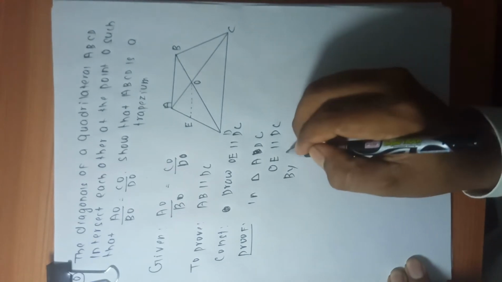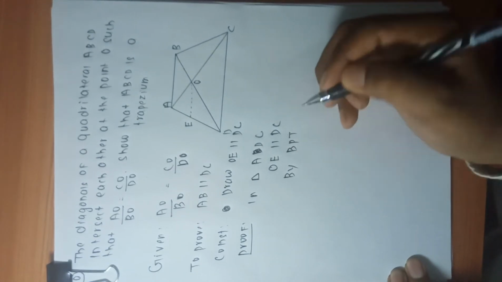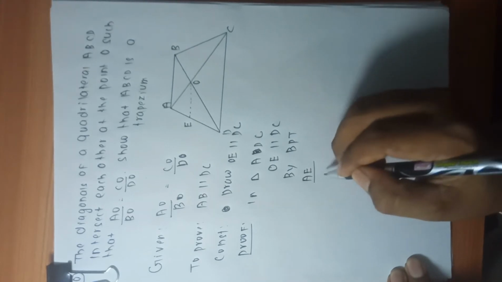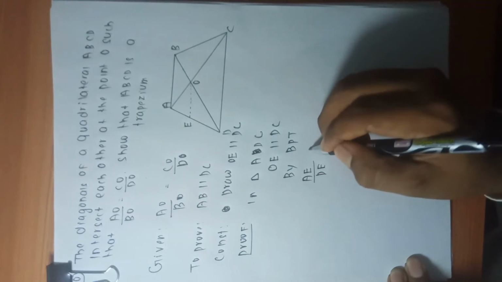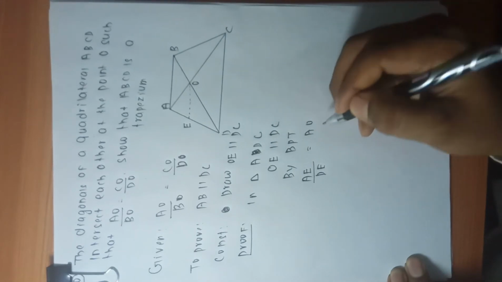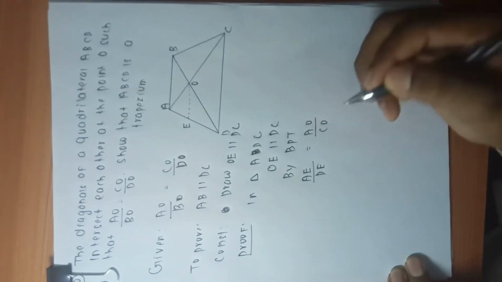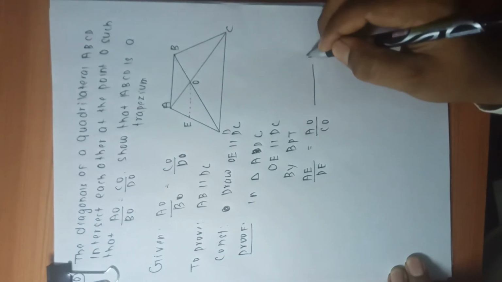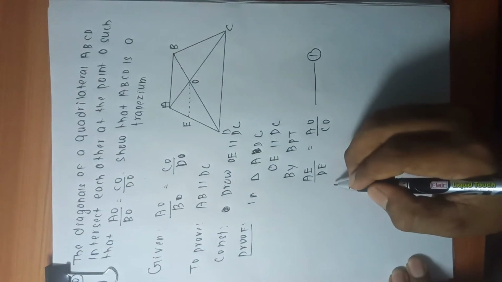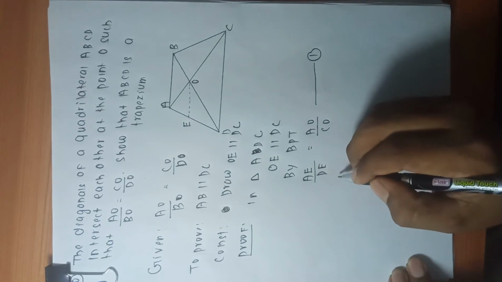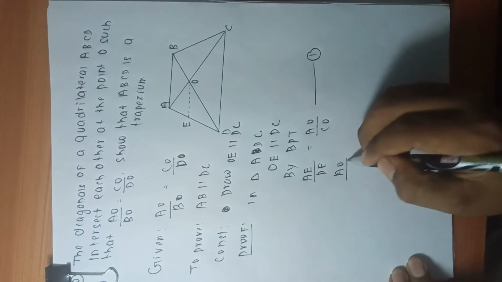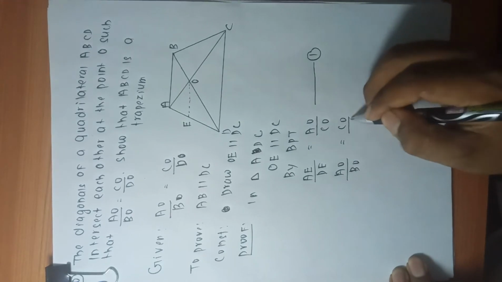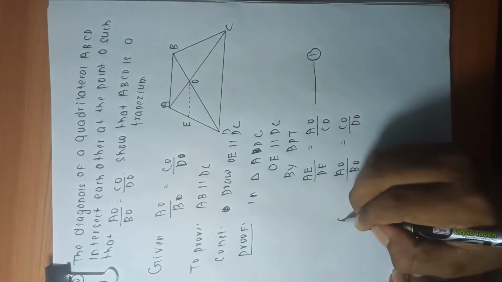So by BPT we can write AE by DE equals AO by CO. This comes from BPT, and we have AO by BO equals CO by DO, which is already given in the question.